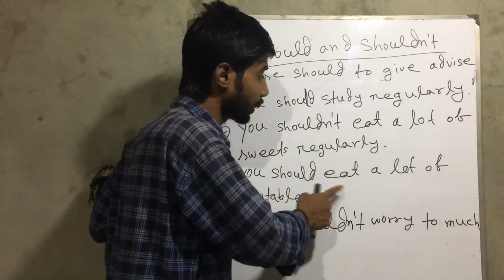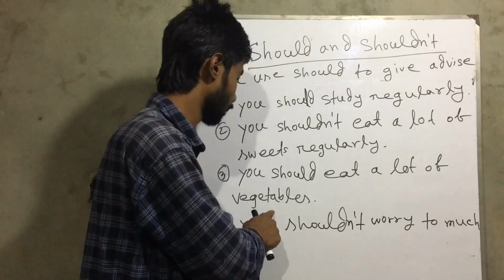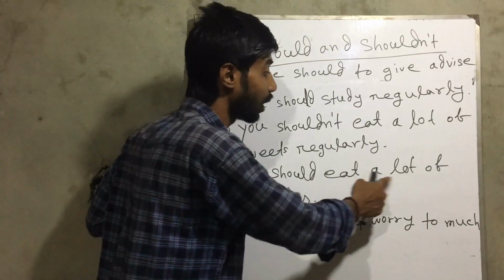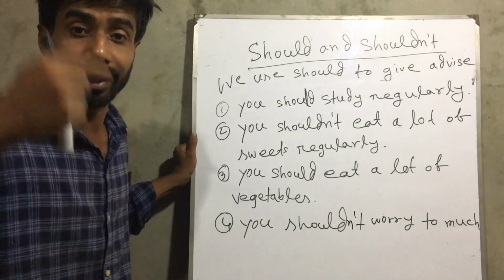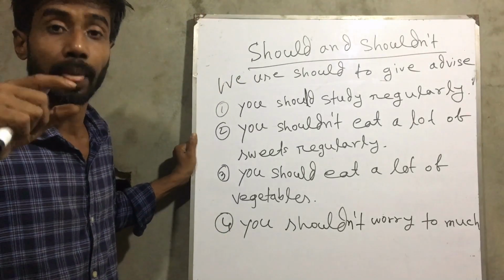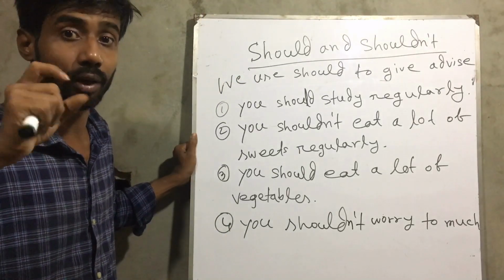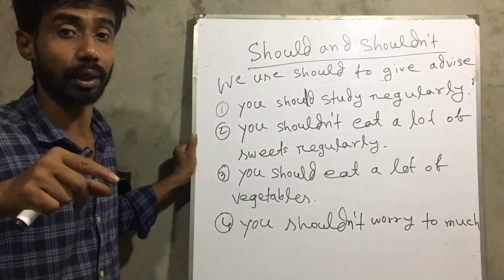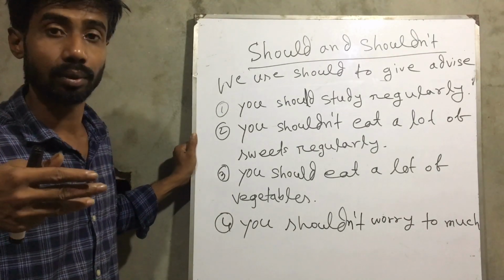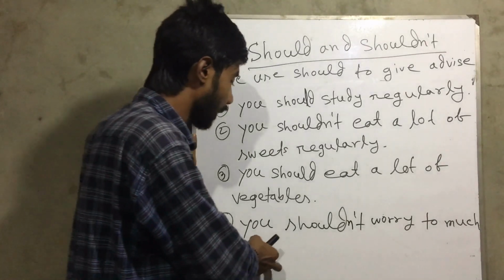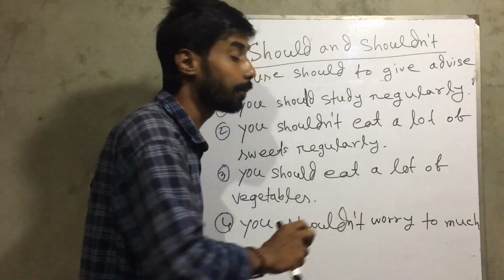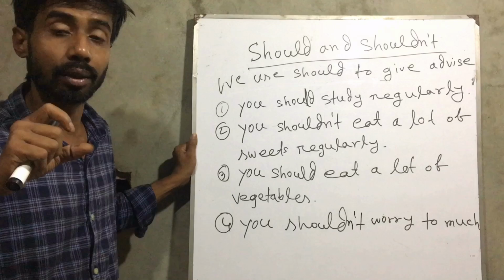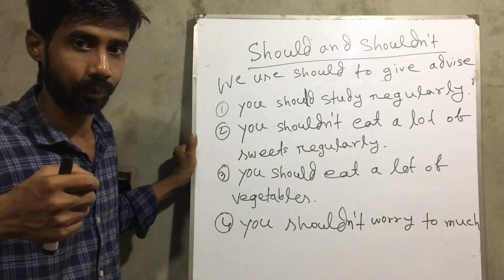So you should eat a lot of vegetables. This means this is necessary. This is important, to eat vegetables. The other sentence, you shouldn't worry too much.